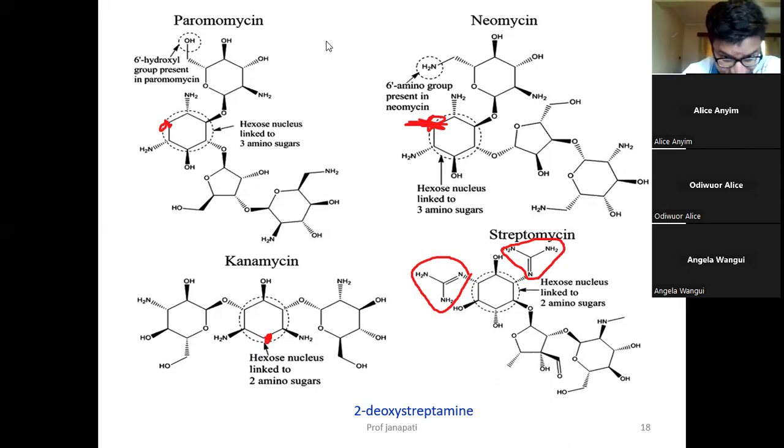Aminocyclitols are these aminoglycosides which, instead of having the guanidino group, have an amino group, and they are also bound to sugar molecules. You can refine, someone can tell.